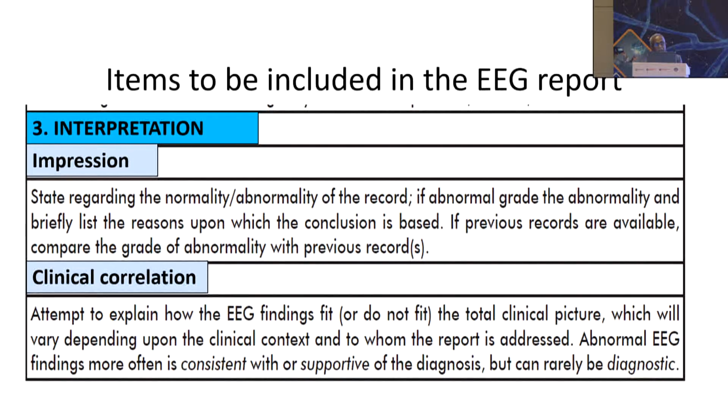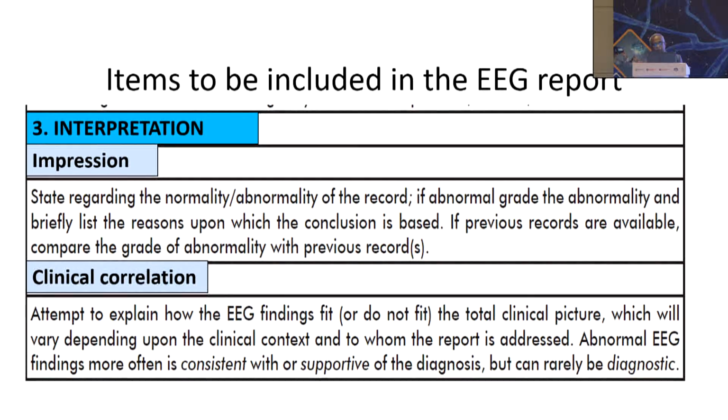And then you try to make a clinical correlation, attempting to explain how the EEG finding agrees or does not agree with the clinical picture, which will vary depending upon the clinical context in which the EEG is addressed. Abnormal EEG findings are never diagnostic. So always state that they are supportive.